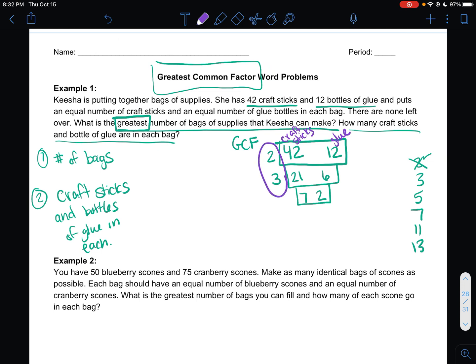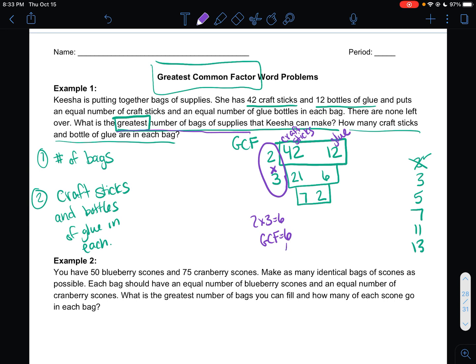So numbers on the side, 2 times 3 is 6. That's my greatest common factor. And so I have to go back to the problem and think about what that means. So what was I looking for the greatest of? And that's going to be in your problem. So I need the greatest number of bags.